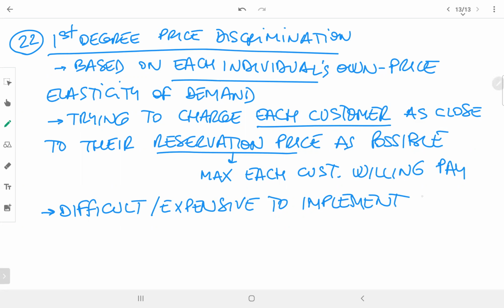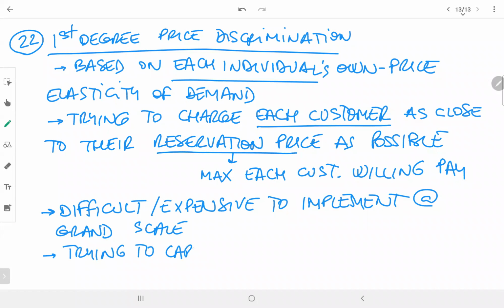So it's difficult, expensive to implement at grand scale, right? Because you need to have a very good understanding of each customer's individual elasticity, and you're trying to capture all the revenue.